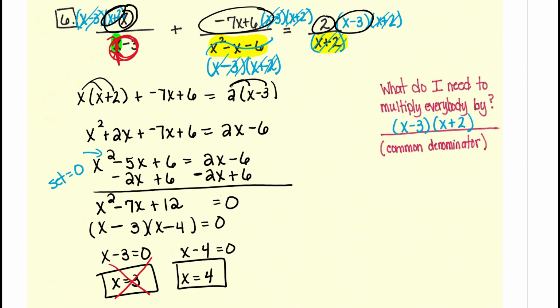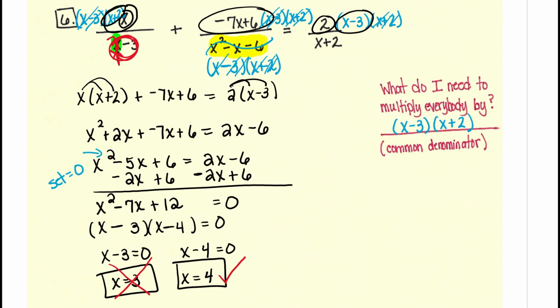So this answer you have to throw out, but this answer will work. The only other thing that would have messed us up, if we had had a negative 2, then that answer we would have had to throw out as well. But that wasn't the case.